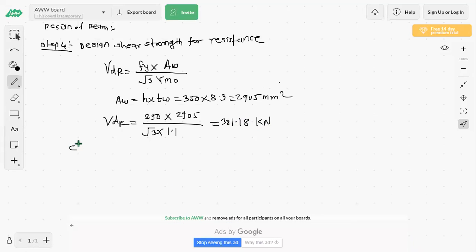So check for shear. The check for shear is that VDR should be greater than VD. VDR is here 381.18, and VD is how much?